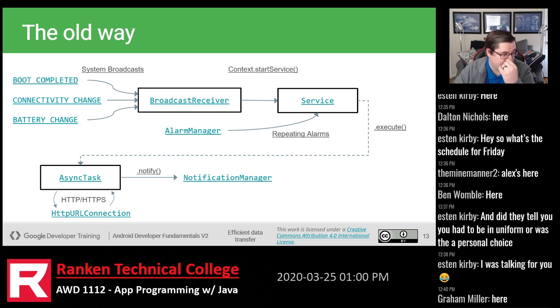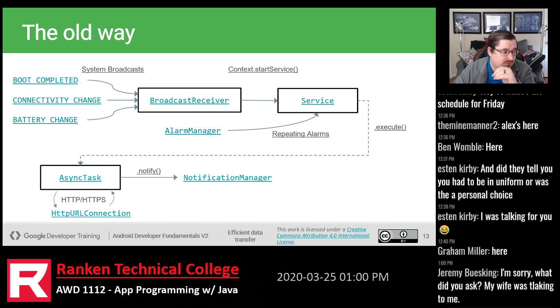Okay. So yep. From looking at everything that's here, I know it's been a few weeks since we covered, I think we covered broadcast receivers in 7.3. We covered async tasks in 7.1. We talked a little bit about this HTTP URL connection and connecting to the internet. We talked about that in 7.2. Any questions on some of the pieces that are on this slide?